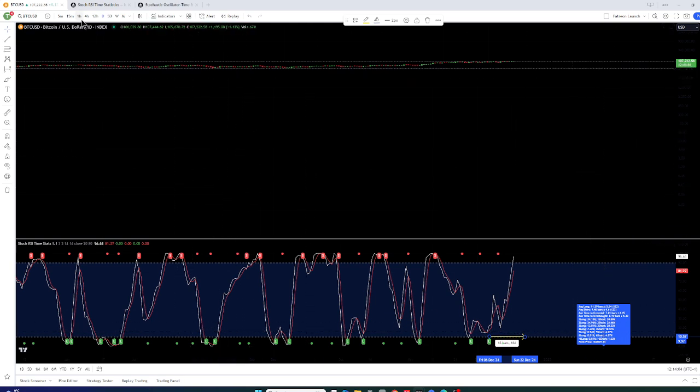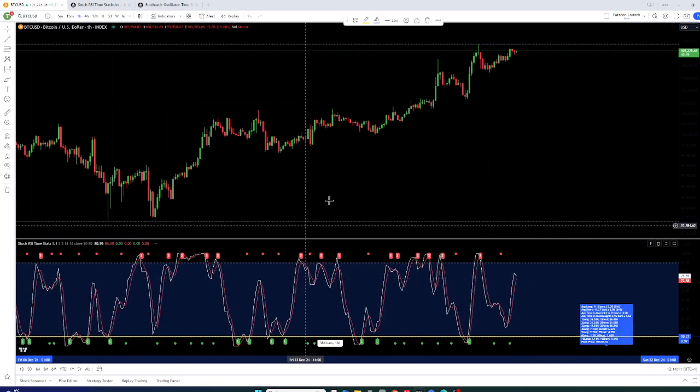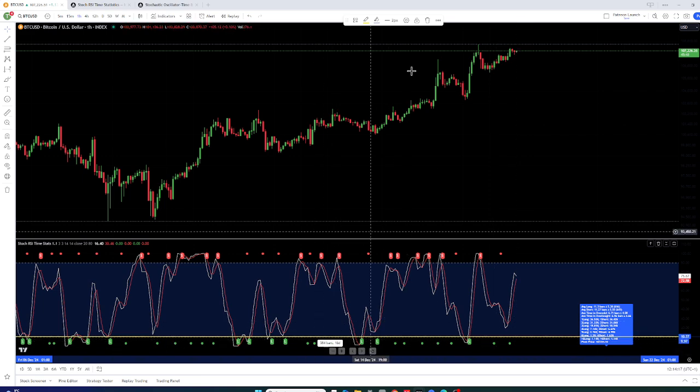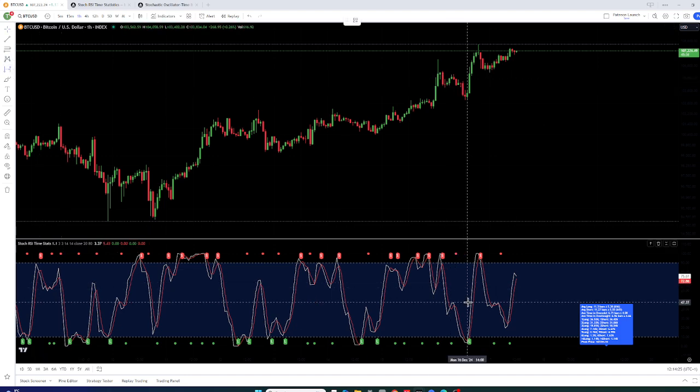Okay, and then for a last example, let's go here to the hourly time frame. Let's get rid of this drawing here. And we can see that the last buy signal lasted until the next short, lasted 5 bars.